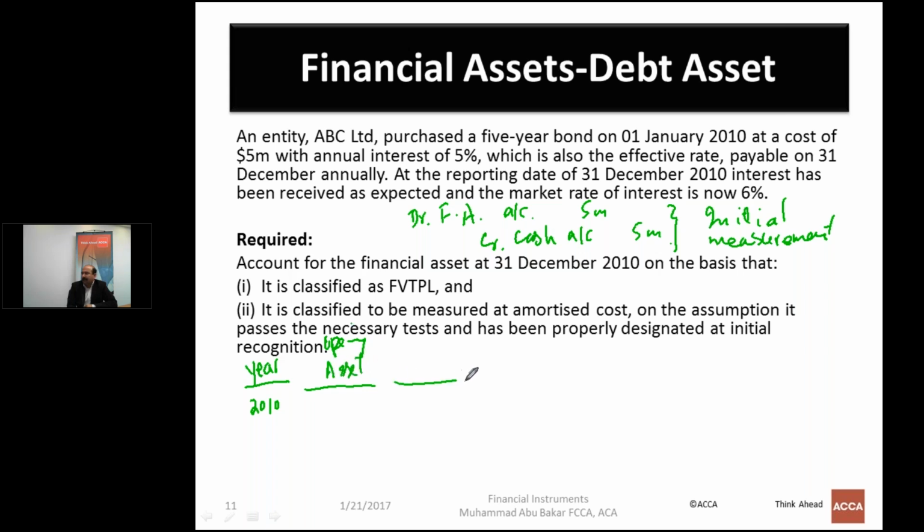This is again finance income at the effective interest rate right at the start. In this case, right at the inception of this agreement, and then cash received, or the interest received at the nominal rate, and this will be the closing asset.